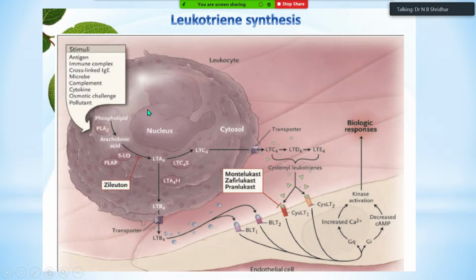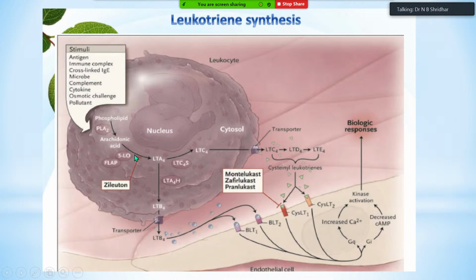So this is a leukocyte, and it has the cytosol and the nucleus. Since the leukotrienes are synthesized in the leukocytes, the phospholipids will be acted on by the phospholipase A2 enzyme, and arachidonic acid is formed.